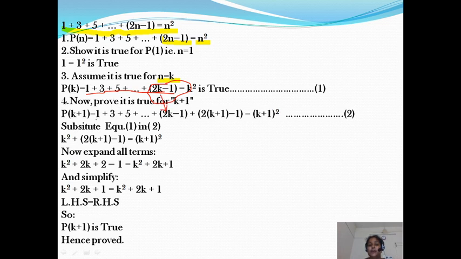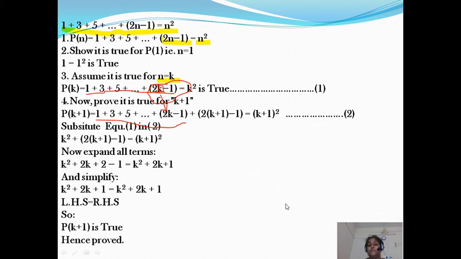So up to here it is P of k. Next, you substitute k plus 1 in the position of k, so you will get 2 into k plus 1 minus 1.